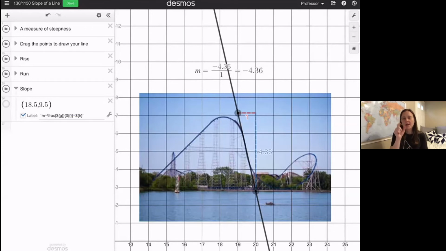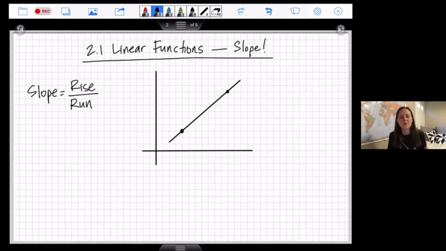Okay, so I kept my x tick mark at 1, so my run is at 1, and you can see that the y drop for just one x tick mark is negative 4.36. And you can see that's a much bigger number, all right? So this calculation, rise over run for slope, is a numerical way of measuring the steepness of a line or of a ride.